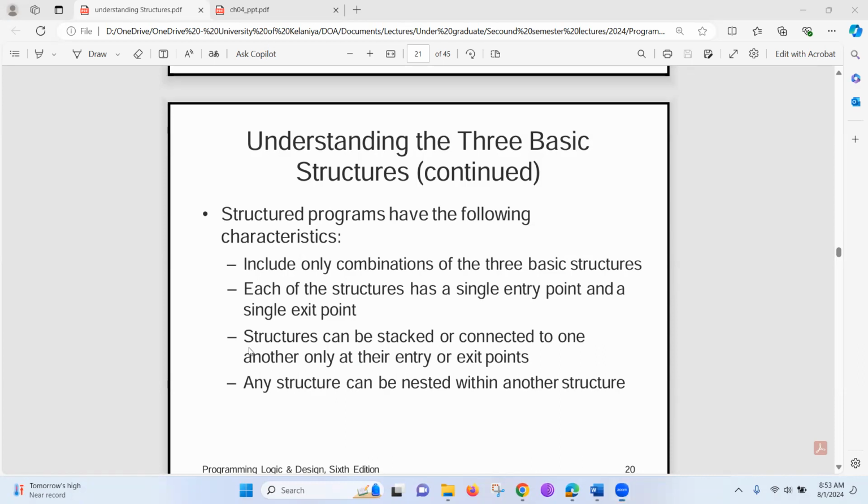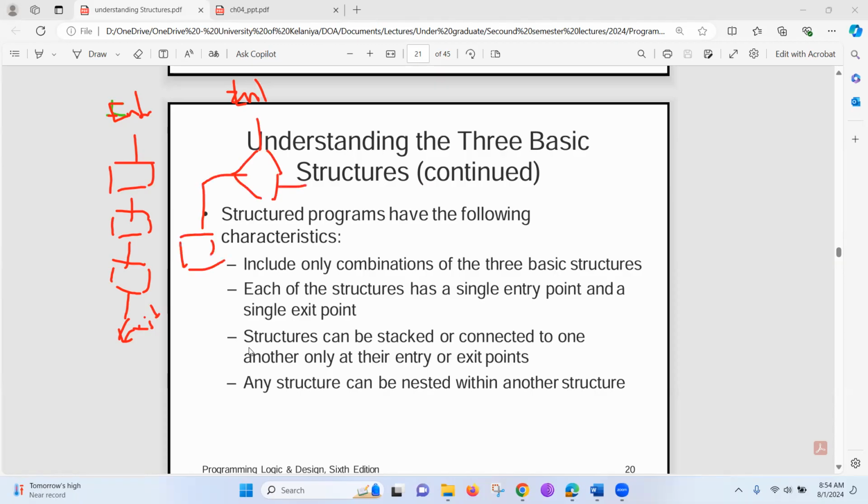If I take a few examples, I can use another color. Yes, you have the entry here in a sequential structure. After completing, you have the exit point. Again, you have the entry point in your decision structure.